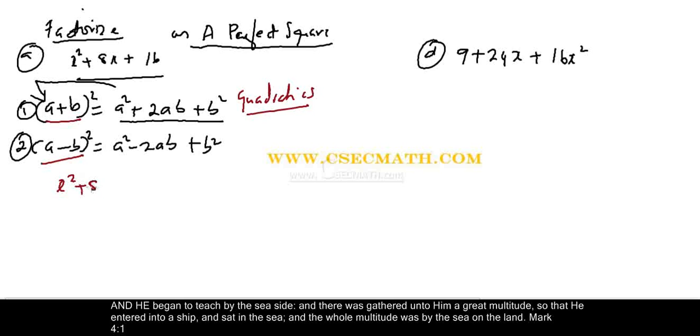Okay, x squared + 8x + 16 has to be rewritten in the form of a squared + 2ab + b squared. So foremost, let us write x squared in this fashion, + 2 times a times b.